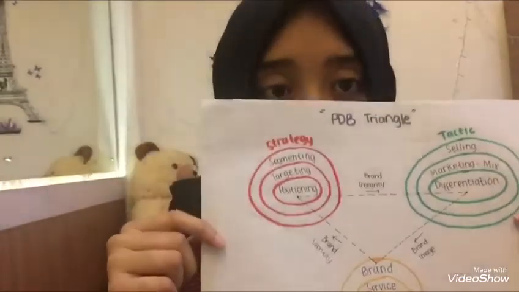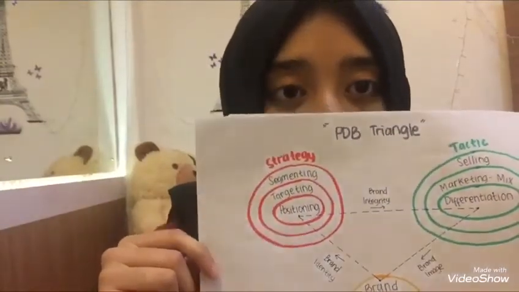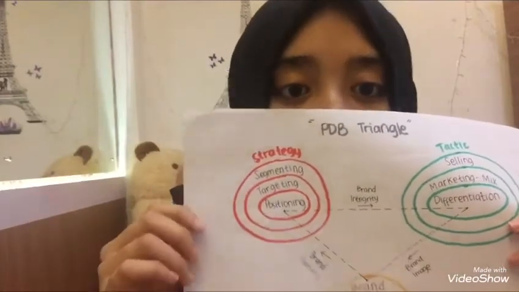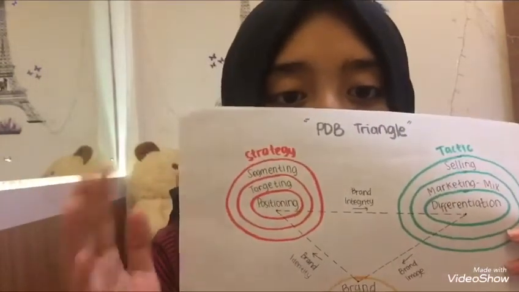And the last point for the marketing strategy is positioning. In this stage, your goal is to identify how you want to position your product to target the most valuable customer segments. First, consider why customers should buy your product rather than those of your competitor.